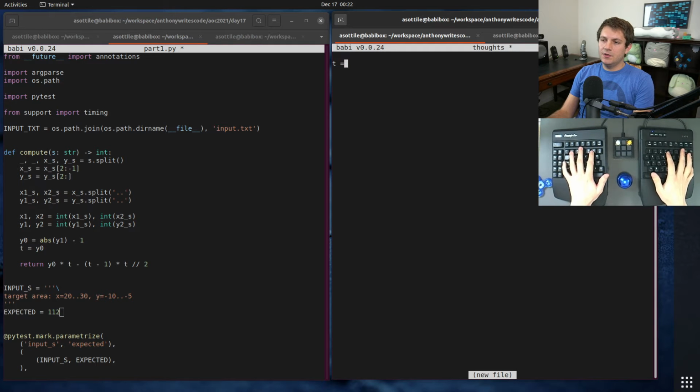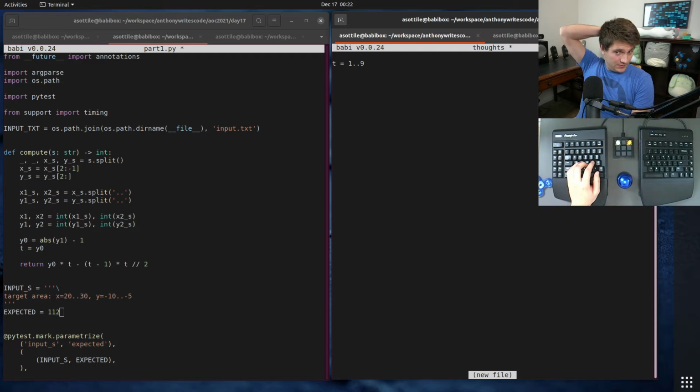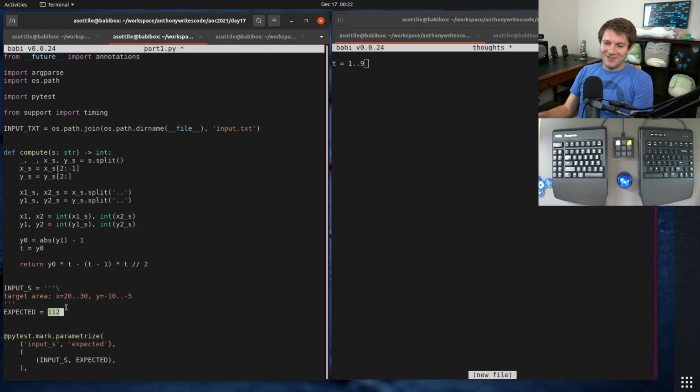Okay, so T goes from 1 to 9. How do we get to 112 from that, though? We know for T is 1, there's this number of solutions. There's the whole square.